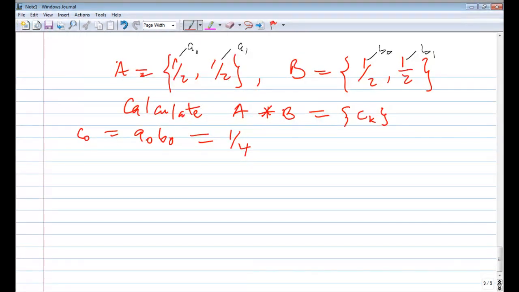It's clear, isn't it? So C1 is A0 B1 plus A1 B0. A0 B1 is 1 over 4 plus 1 over 4. The answer is what? It's a half.